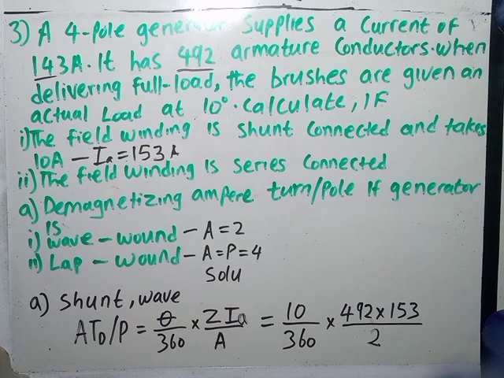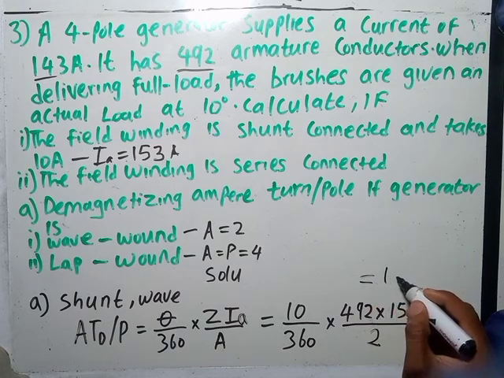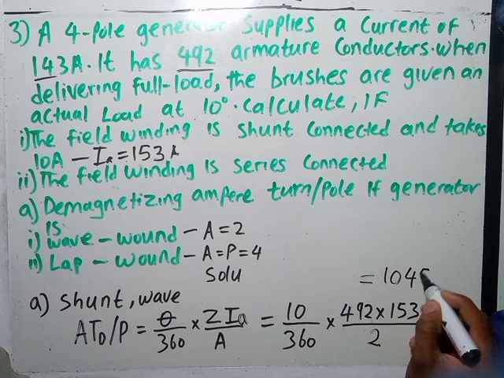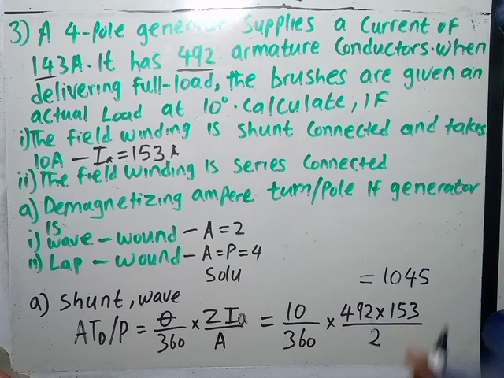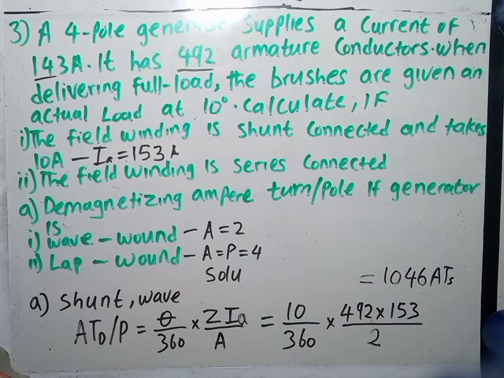we'll be having our answer to be 1045.5. So approximating to the nearest whole number, we'll be having 1046 ampere turns.